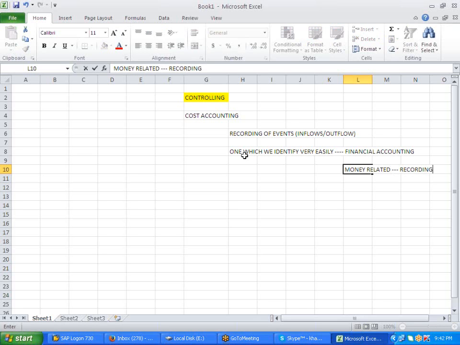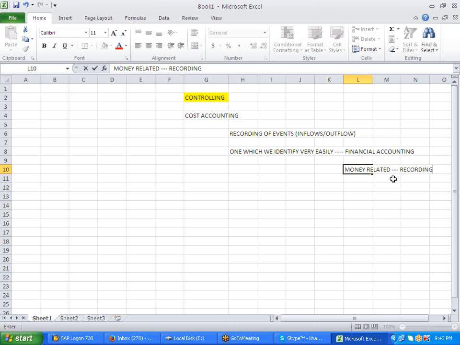I'm trying to explain this word accounting first. Recording of events of inflows and outflows, once we identify very easily, that is financial accounting. So I am saying that financial accounting is all related to money related recordings.